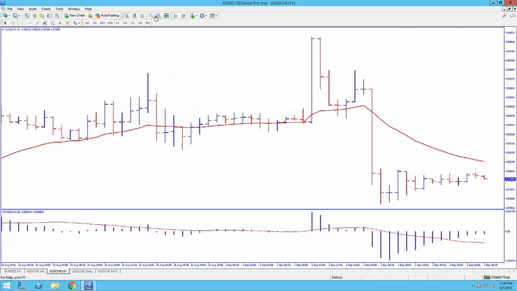Let's take a look at how to understand the open, high, low, close bar, the candle, and then we'll look at the time frames. So in a price bar, on an up bar, you have the open, and then you typically have a low, and then you have a high, and then a close.